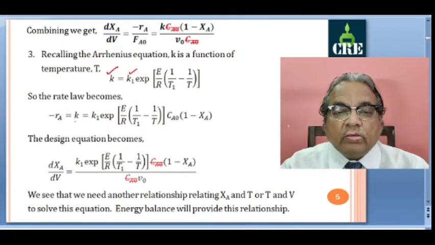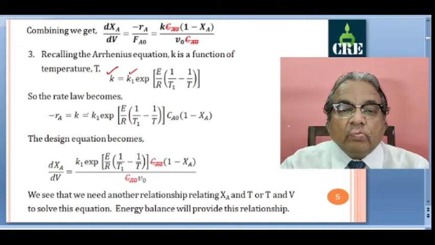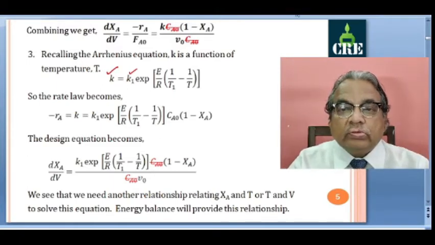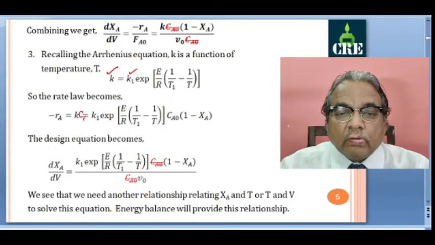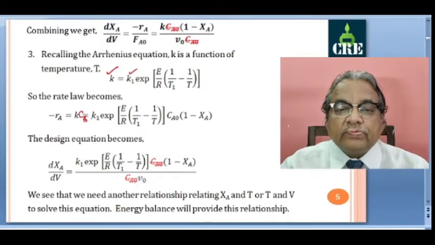So your rate law becomes now -rA = k CA. So k is this expression, k1 into all this, and CA is CA0 into (1 - XA).